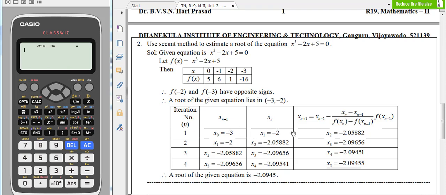Using these two values, you can get x2 value, and using x1 and then x2 values, you can get x3 value, once again with the help of this formula. So for the next iteration, x2 and x3 are to be used to get x4, and so on. So by continuing this, you can get two successive x values coinciding in the first 4 decimal places, and leaving the last decimal place, you can conclude the answer.